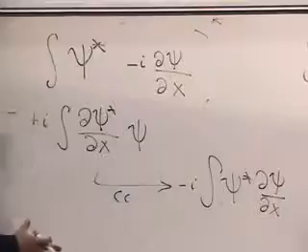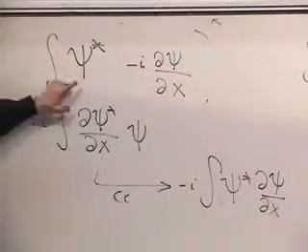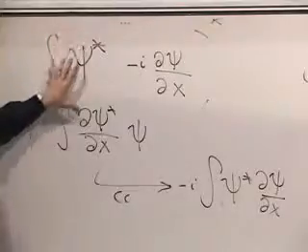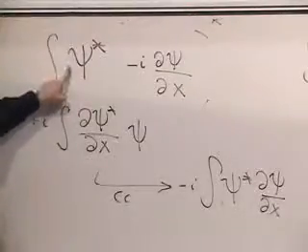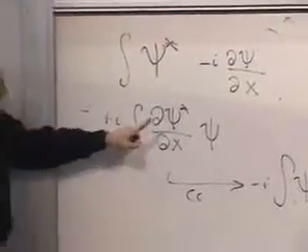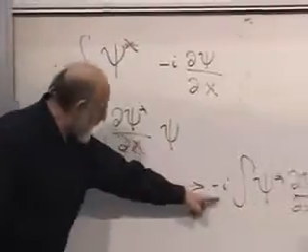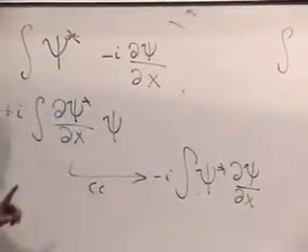So what have I proved? By integration by parts, I proved that the left side of the equation is equal to the right side. But then I proved that the right side here is just the complex conjugate of the left side.